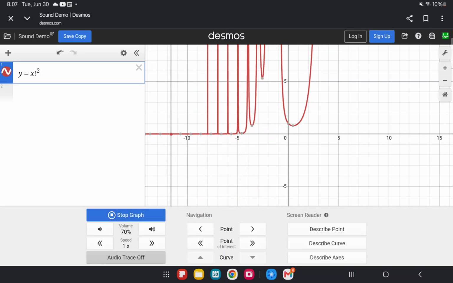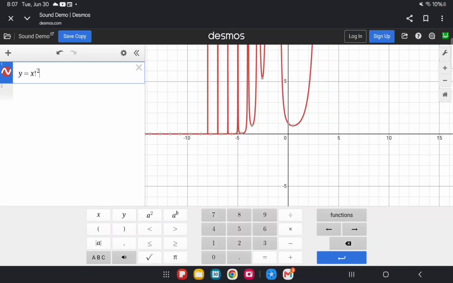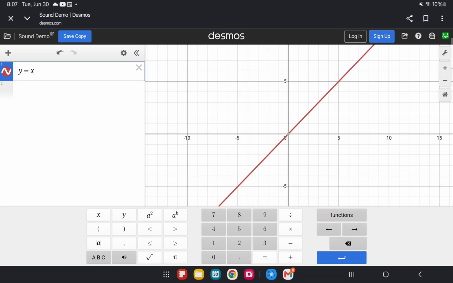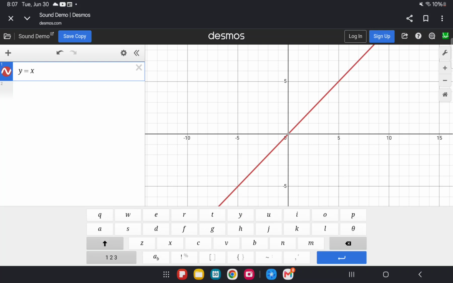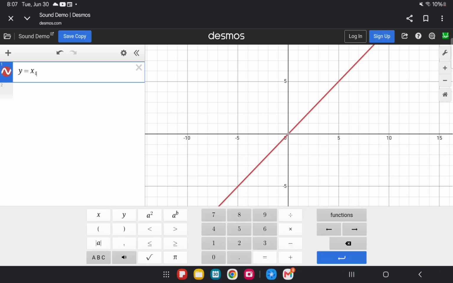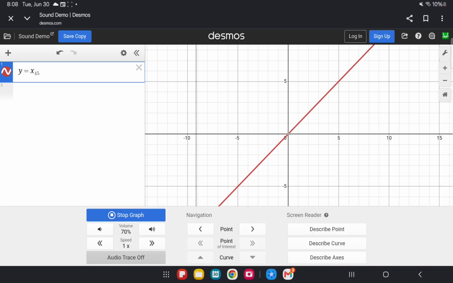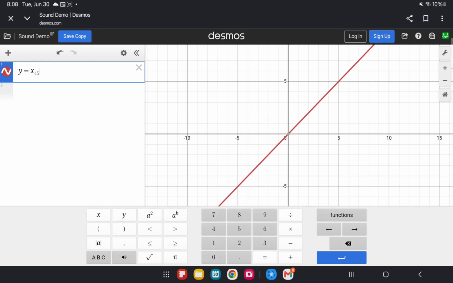Hear it now. Why does it look like that? It looks like a curve. Now let's apply the function y is equal to x^45. Here. Okay.